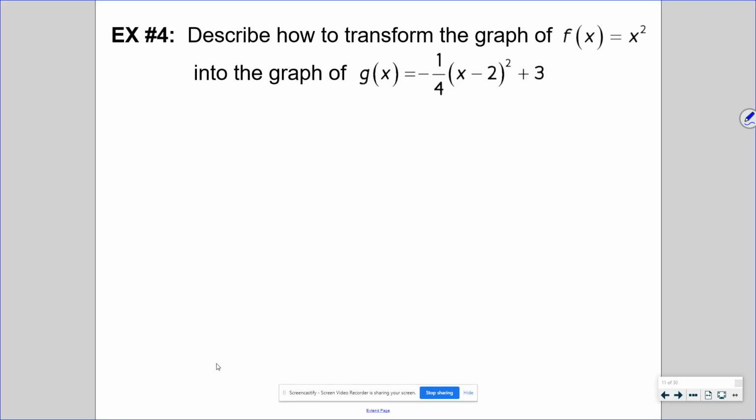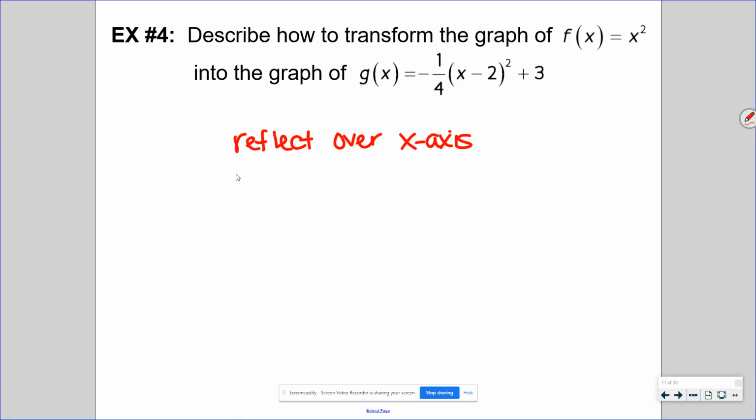All right, this should be review for you at this point because it's just asking for the transformations that have occurred from the parent function to this one. So when we see a negative, we know that means reflection. And you can reflect either over the x or over the y. Well, since this is on the outside, it's going to reflect downward, which means it's going to go over the x-axis.